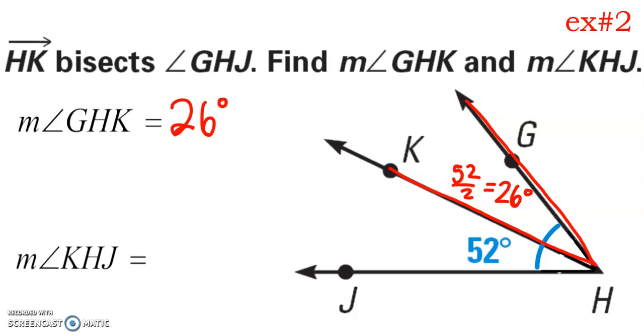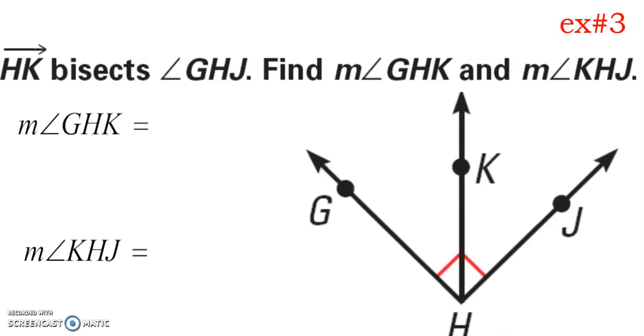And if that half is 26 degrees, then the measure of angle KHJ, so this half, also has to be 26 degrees. I just want to reiterate that this blue mark here is indicating that the whole angle is 52 degrees, not just the bottom half. It's the whole angle GHJ.